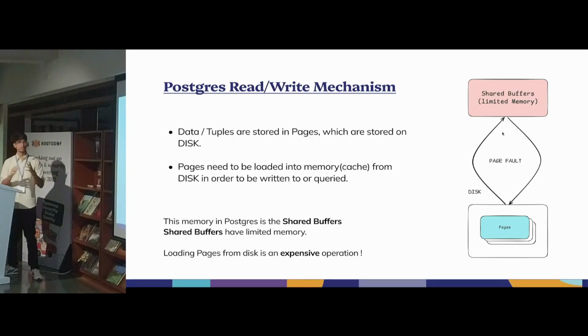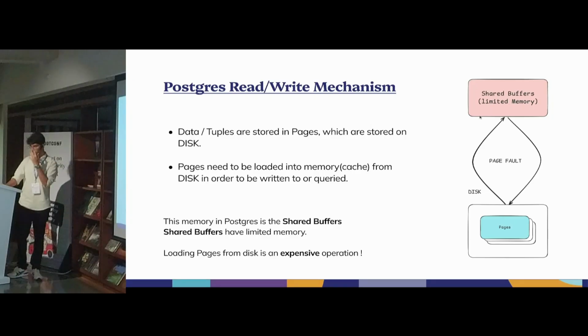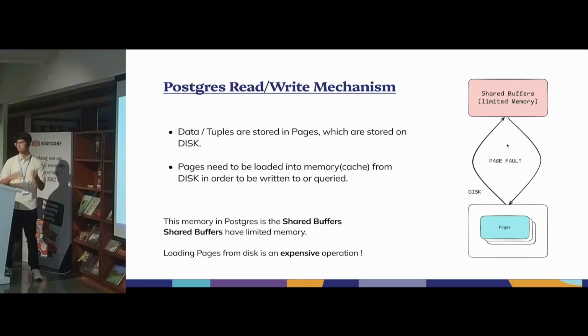This memory is called shared buffers, and it is a limited set of memory. If the page doesn't exist in memory, because the memory is limited, you'll be shuffling pages back and forth from disk into memory. If the page is not there in the shared buffers, you will have to load the page from disk, which is a very expensive operation and will increase your response time, and that is called a page fault.